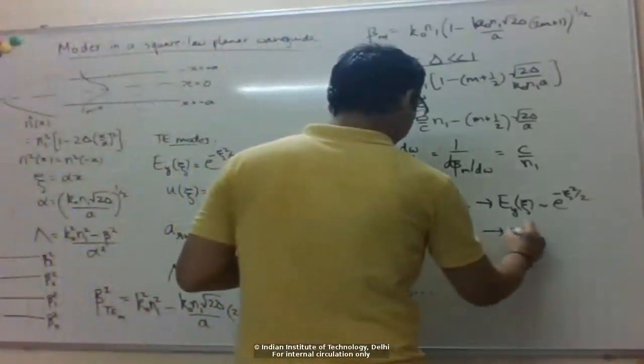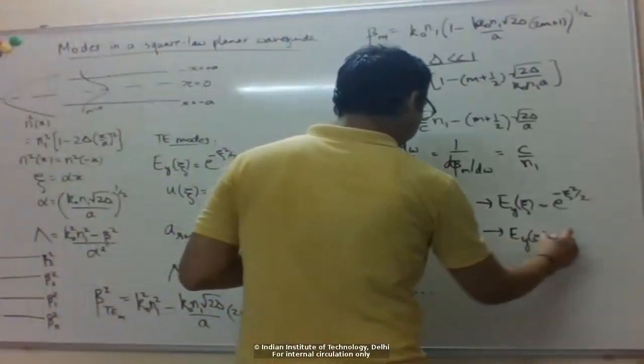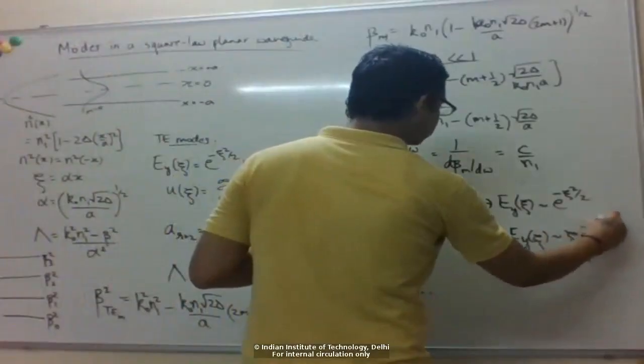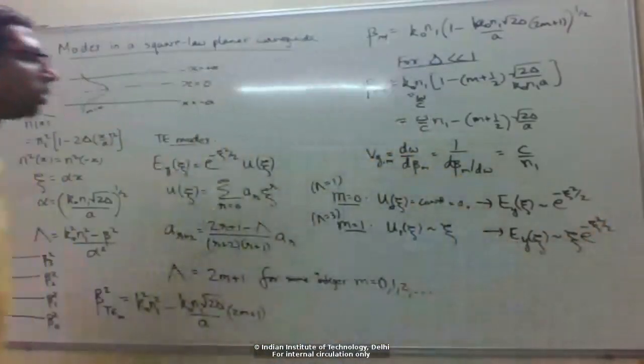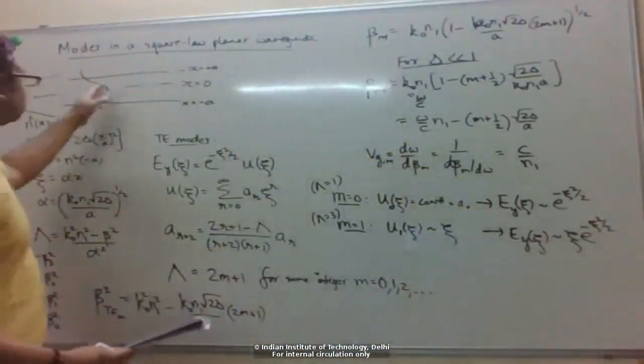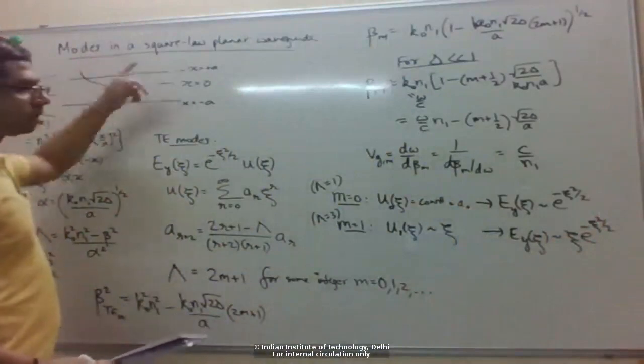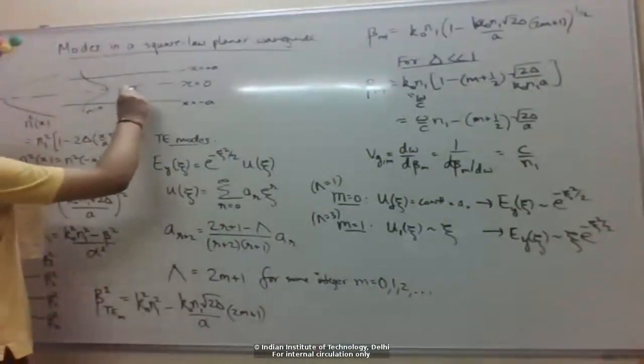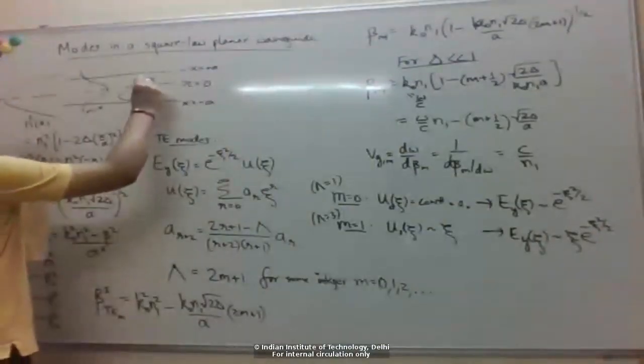So now my mode profile looks like a linear function times a Gaussian. Multiplying this Gaussian by a linear function makes it an odd function. So it looks like that now.